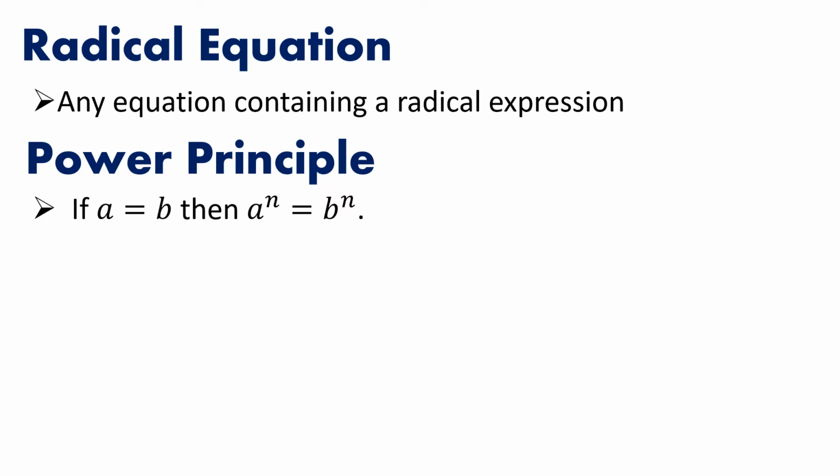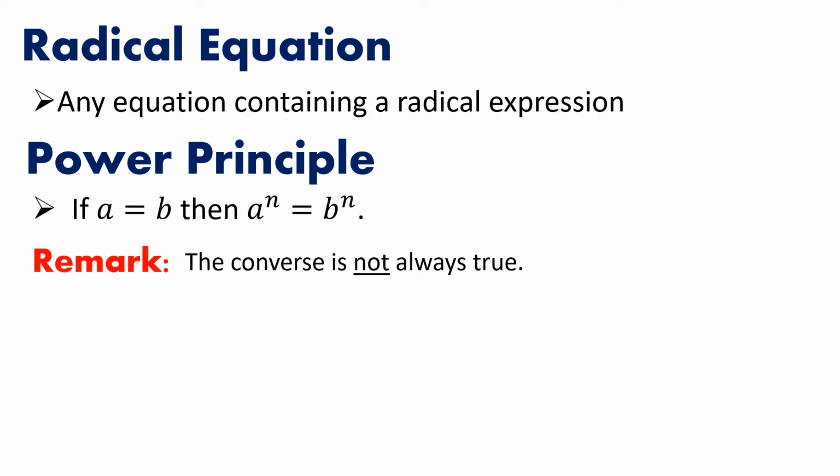That is, if A is equal to B, then A to the power n is equal to B to the power n. Note that the converse is not always true. For example, 6 squared is equal to the square of negative 6, but 6 is not equal to negative 6.